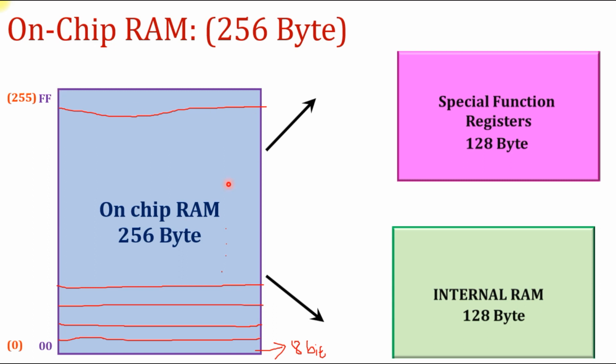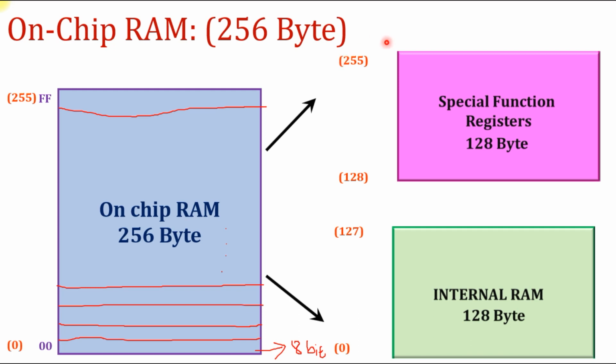So 256 is now getting divided into 128 and 128 bytes. In decimal format, the lower 128 bytes have the address 0 to 127. Similarly, the special function registers have the addresses 128 to 255. So this is the starting and ending address in terms of decimal.